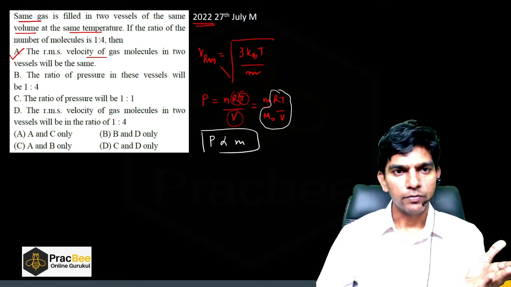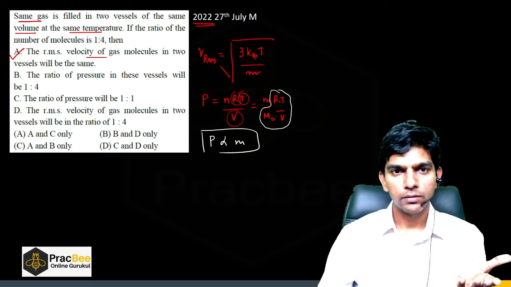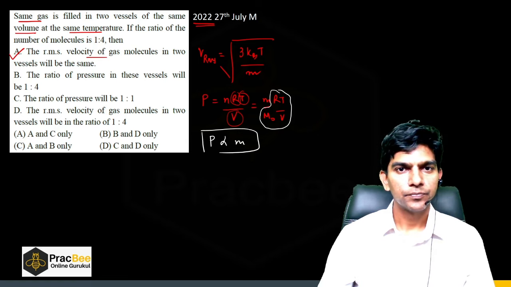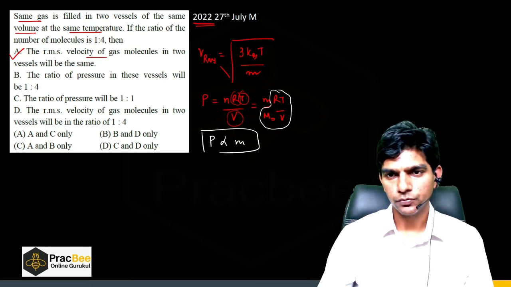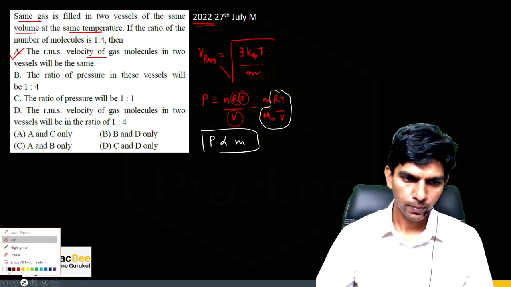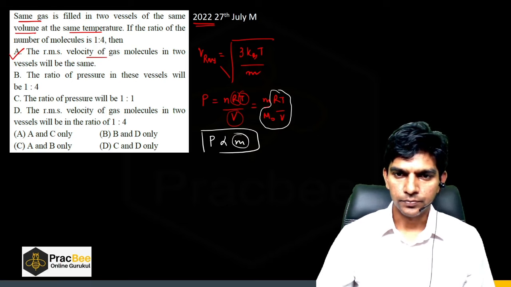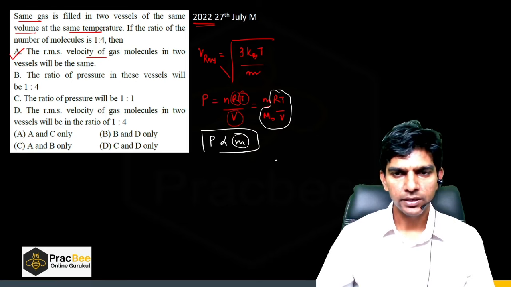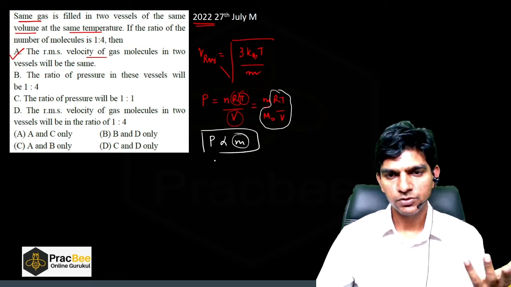And we know that the ratio of number of molecules is 1:4. So P is directly proportional to mass, and mass can also be written in terms of number of molecules.